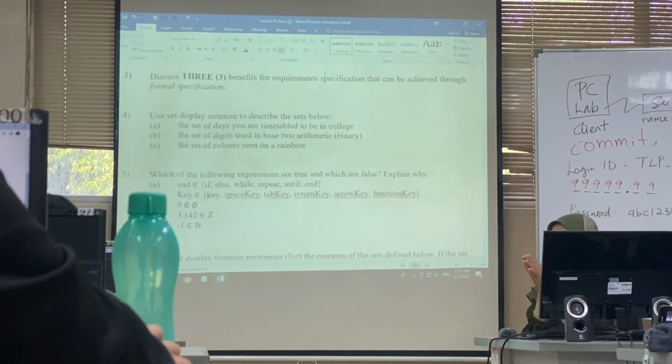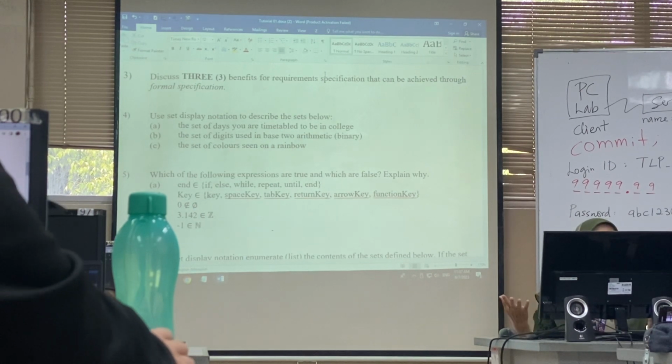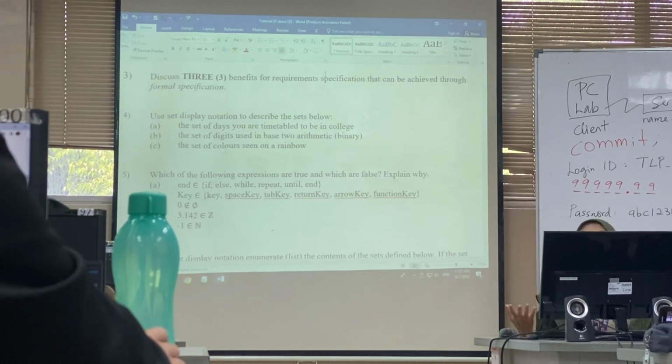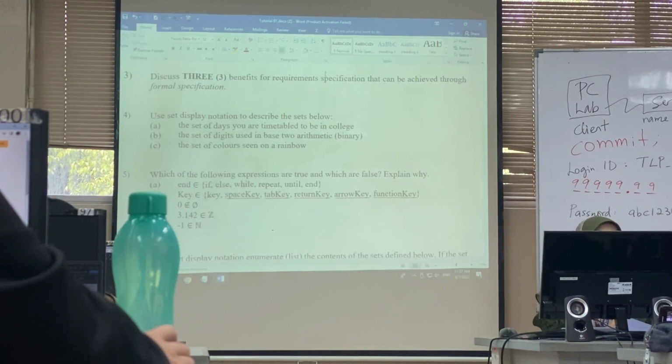When you are specific, you can communicate easily with them and check in with them. Which one do you want? We have this, but we are not so sure what your requirement is. So from there, you can communicate easily with them to get the correct answer.